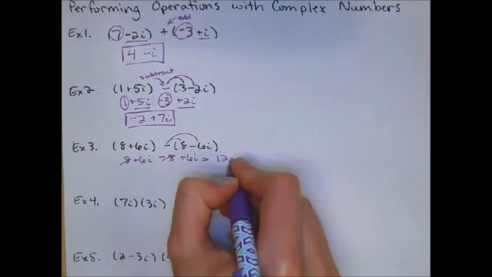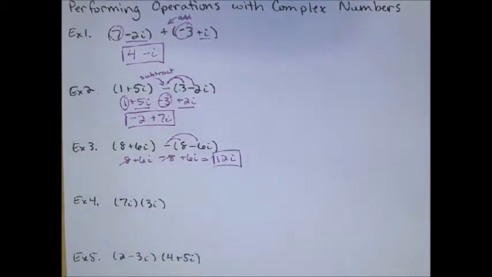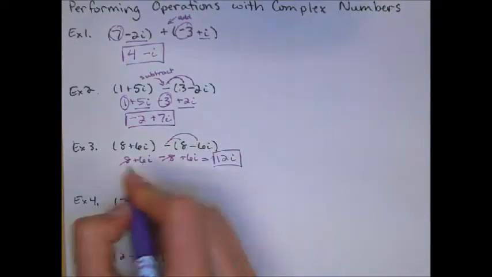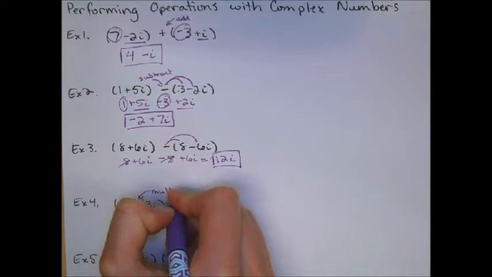Now we're going to move on to multiplying. Looking at example 4, there's no sign, so this is a multiplying question. Here I have a monomial times a monomial.